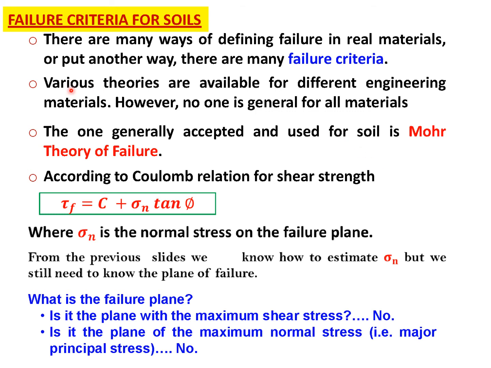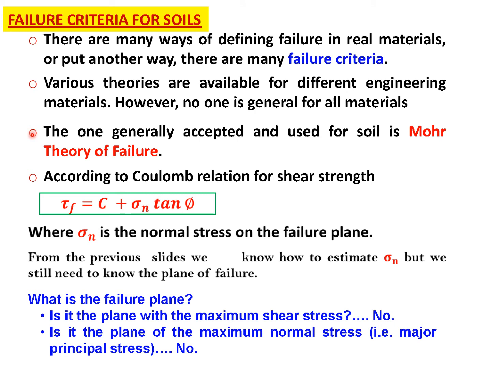Okay, here the failure criteria of the soils have been discussed. There are many ways of defining a failure in real materials, or put another way, there are many failure criteria. Various theories are available for different engineering materials, however no one is general for all materials.